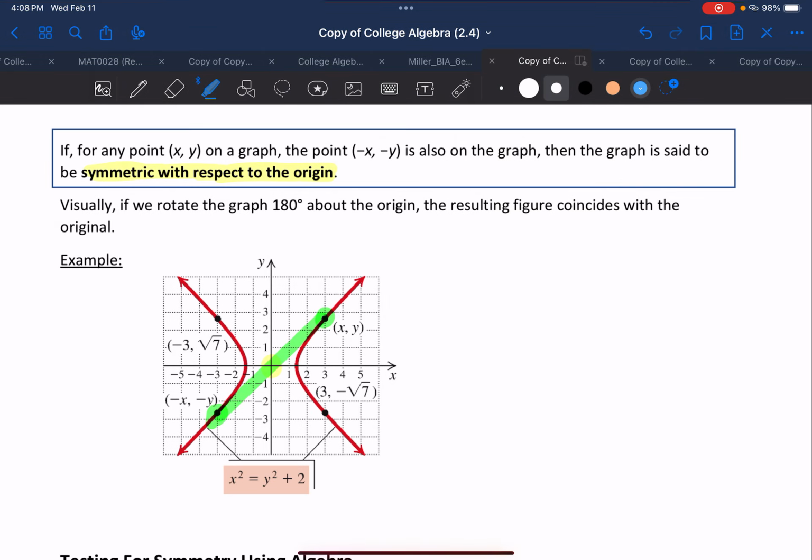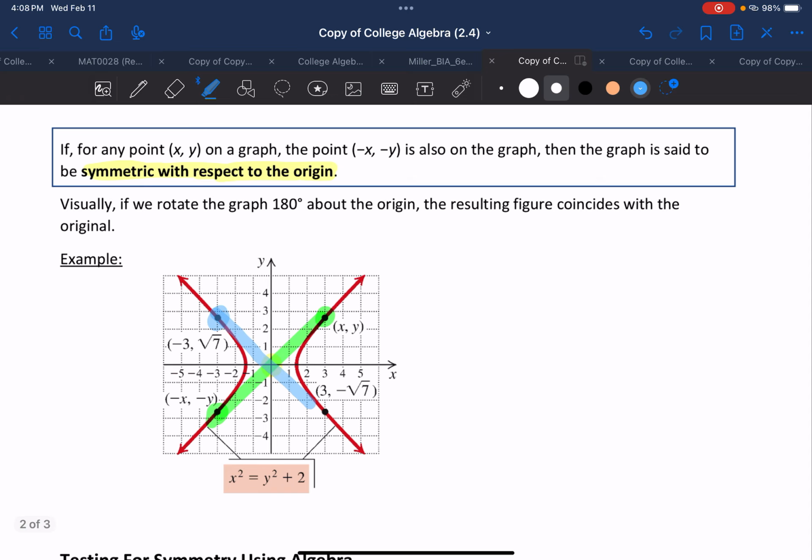So if I pick this point and I reflect it over the origin, well, now I have to go towards the origin this way, and now this point is equal distance from the origin as the other one. And so that is a mirror image. So every single point has a mirror image of that point over the origin, but it just has a different line of symmetry for each point.